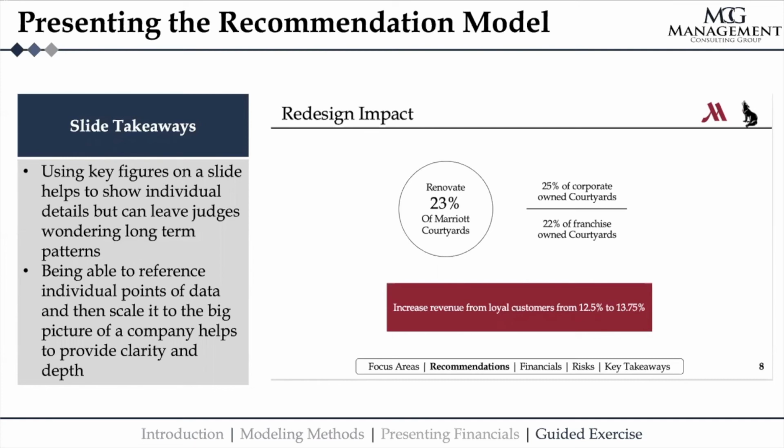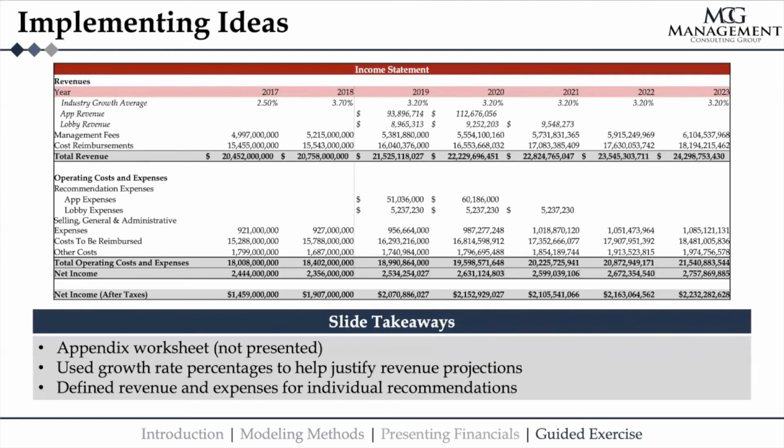Something that I also want to pause and highlight here is that you can tell that this is more of a conservative number, and this is more on the side of realistic because it's such a small percentage growth, but we do show how it impacts the company as a whole. So you might not necessarily be looking for these huge surges and leaps of growth as a result of your recommendation, but sometimes having something a little bit more on the conservative side actually is more logical and sustainable for the company in general.